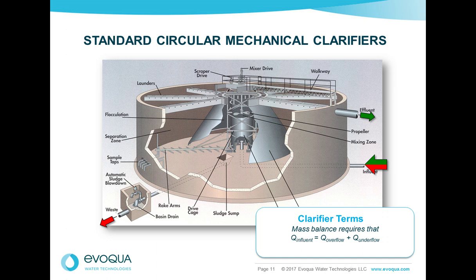A key takeaway from this diagram, and basic to all clarifier designs, is that there's a single influent stream and two effluent streams: the treated effluent or overflow, and the settled solids or underflow. These specifications, along with the characteristics and loading of the solids to be settled, are the primary design parameters which determine clarifier size and configuration.